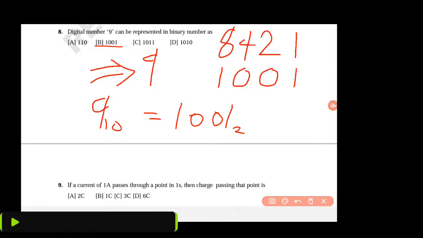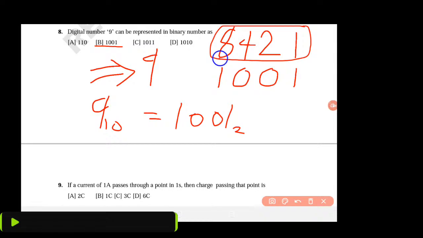Once again, let me quickly take us through. This is the code. We call it the 8421 code, and we can use it to convert a number in base 10 to base 2. Now, what is the meaning of this code? In this code, we have the digits 8, 4, 2, and 1. So we look for the number in base 10, which is 9. Which combination of this code 8421 can give us 9?